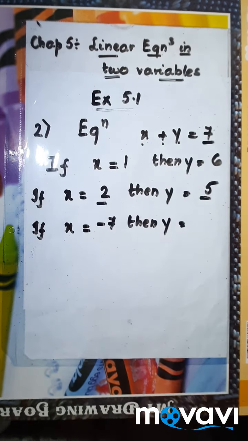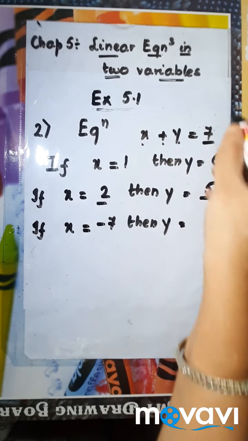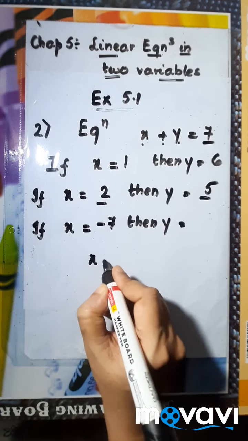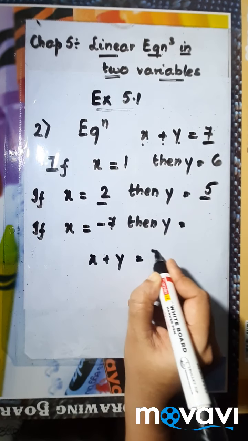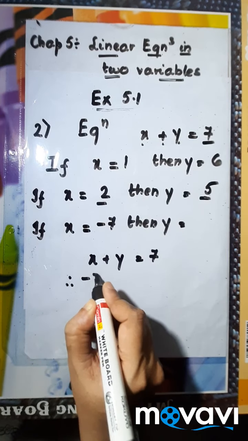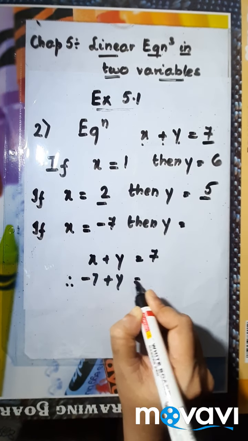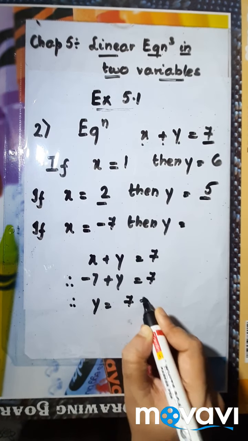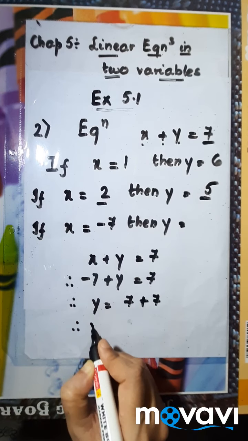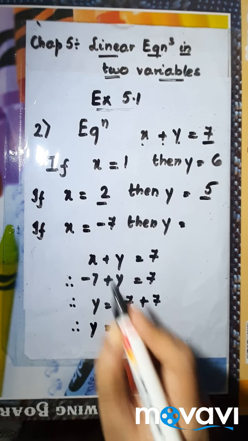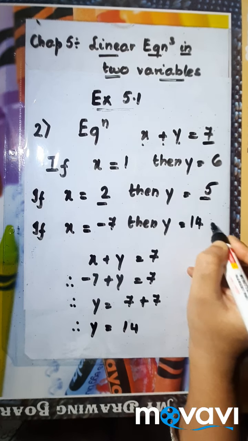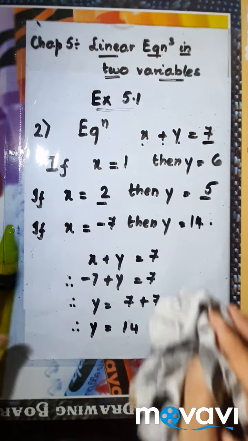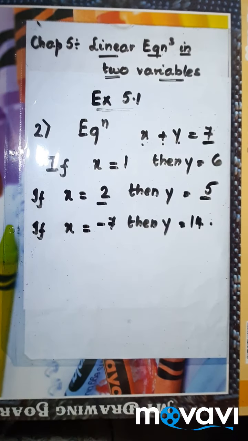This x is minus 7, so when minus 7 goes to the other side, it becomes plus 7. x plus y is equal to 7, therefore minus 7 plus y equals 7, therefore y is equal to 7 plus 7, therefore y is equal to 14. If my x is minus 7, then my y is equal to 14. How many solutions are they asking you for? 5 solutions. Did you understand how to write these solutions?